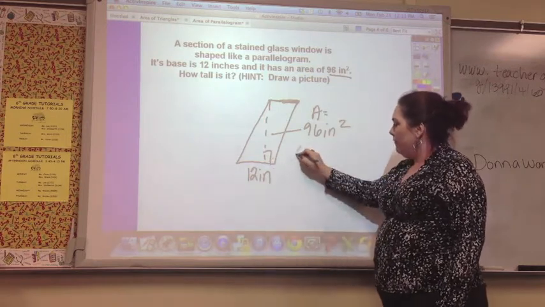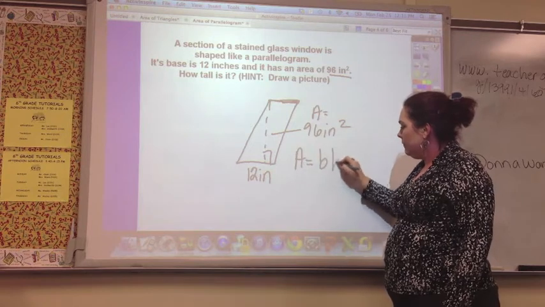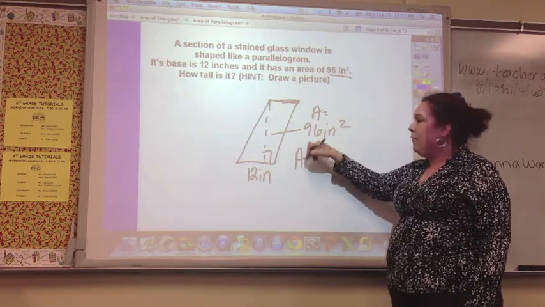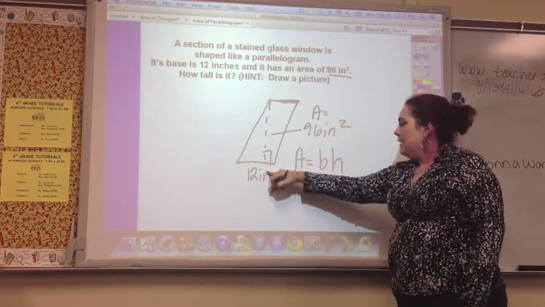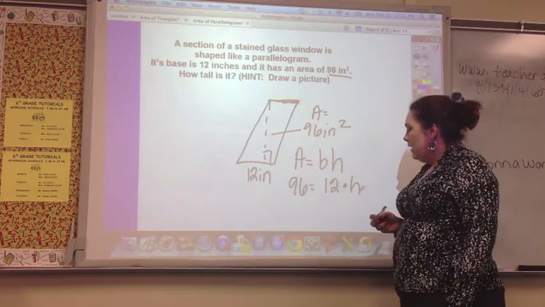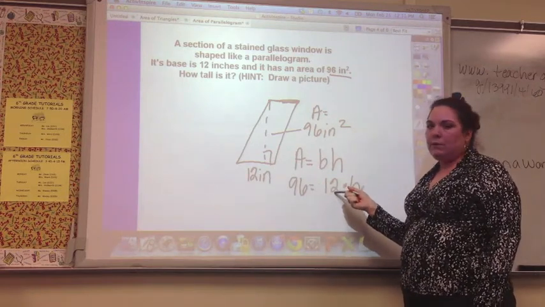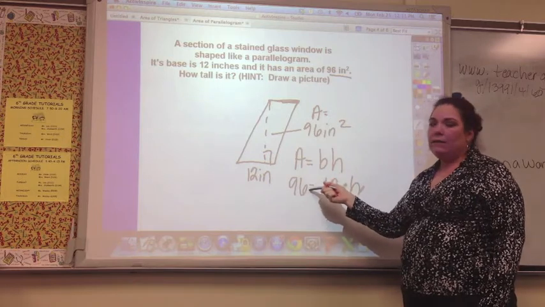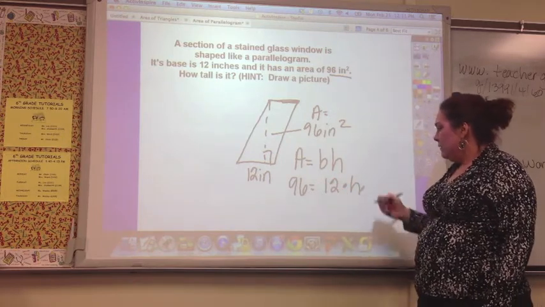So I would first fill in my formula. Area equals base times height. And what do I know? I know that the area is 96 and the base is 12, and I want to know the height. So I have to ask myself, what times 12 equals 96? And that's going to be 8.